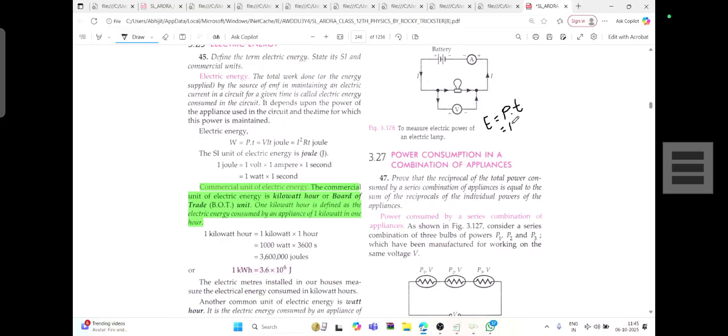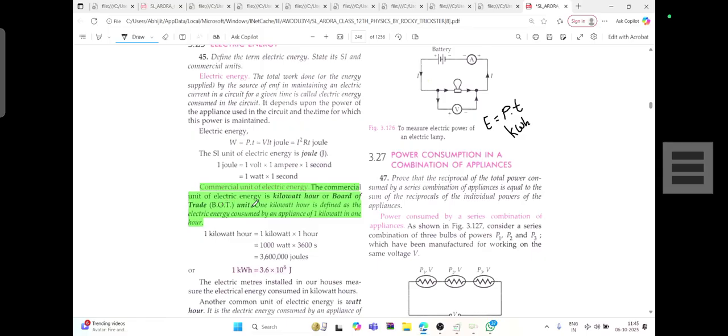That commercial unit of electrical energy is called kilowatt hour, or BOT, board of trade unit.